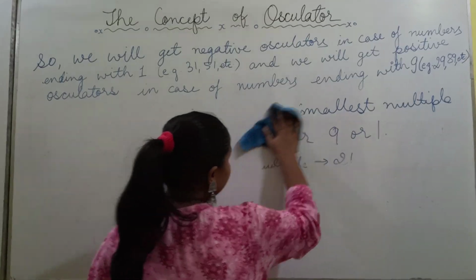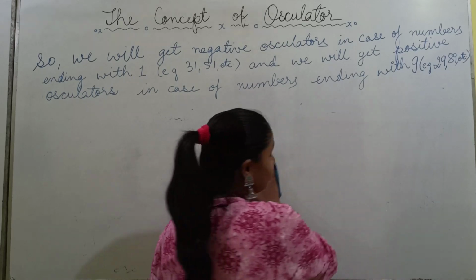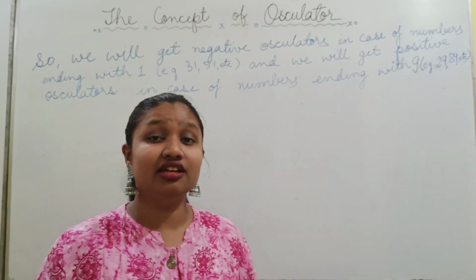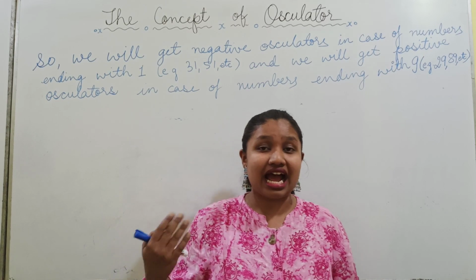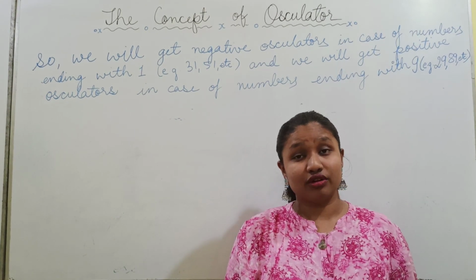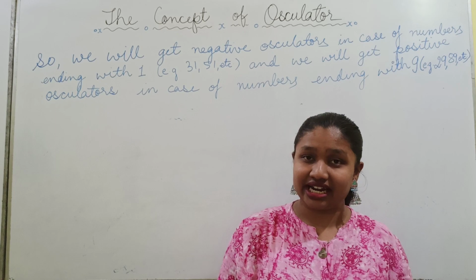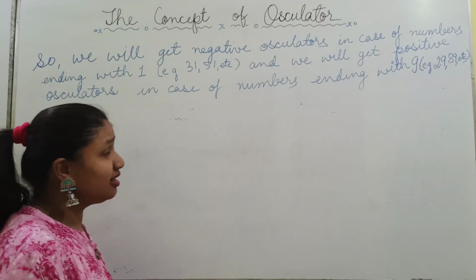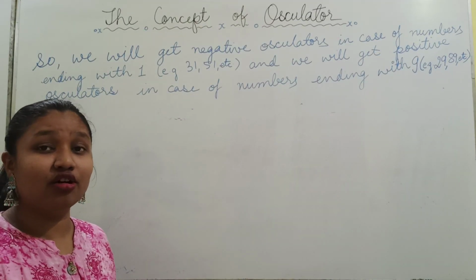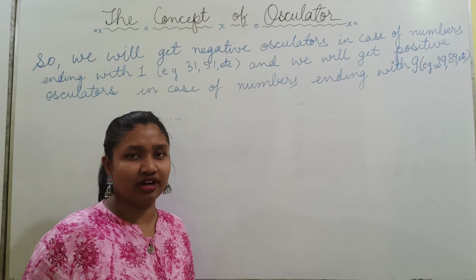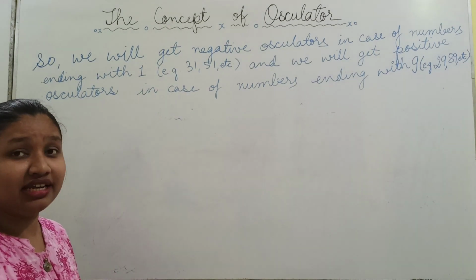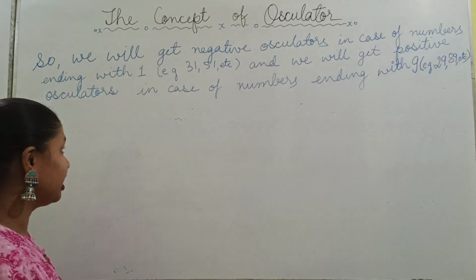Say if we take 13, then we know that we can't subtract 1 or add 1 to 13 to get a multiple of 10, right? But we can find the smallest multiple of 13 which might end in 9 or 1, and then we can find further the multiple of 10.